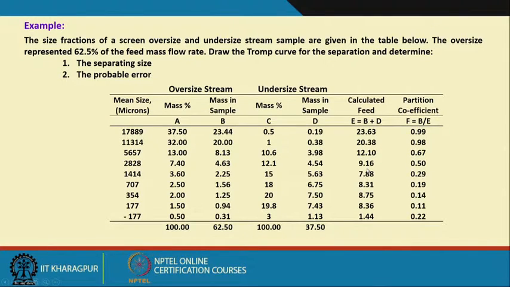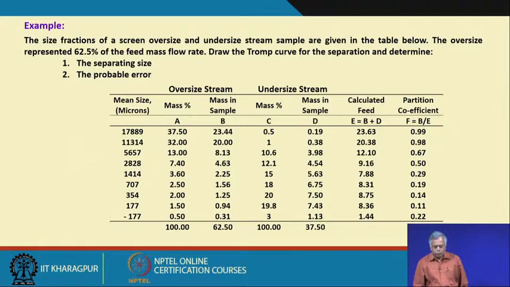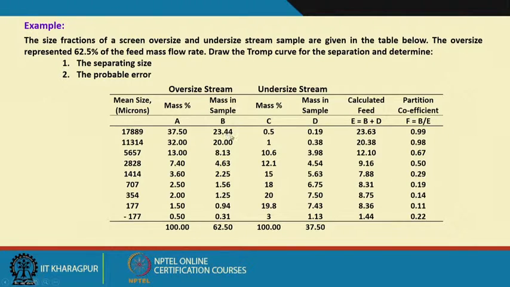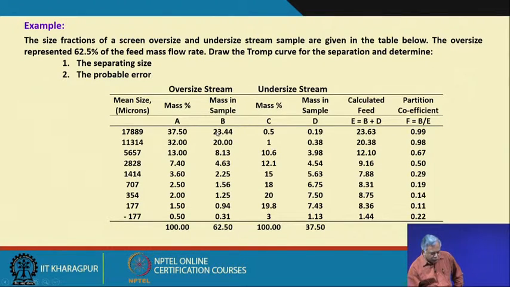Now, according to Tromp, the partition coefficient for each size fraction is basically, I can do it based on the undersize, or maybe I can do it based on the oversize. If I do it based on the oversize material, it is B by E. That is the total mass I had which is plus 17889 micron, that means coarser than that.